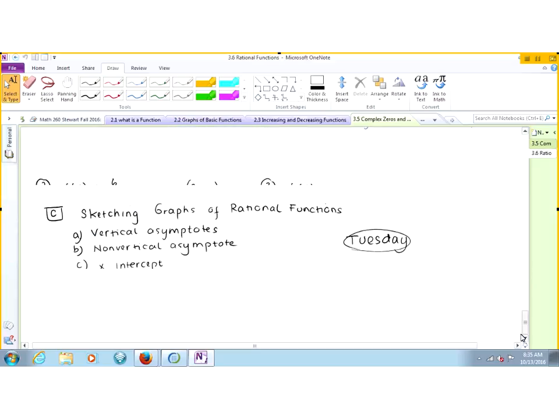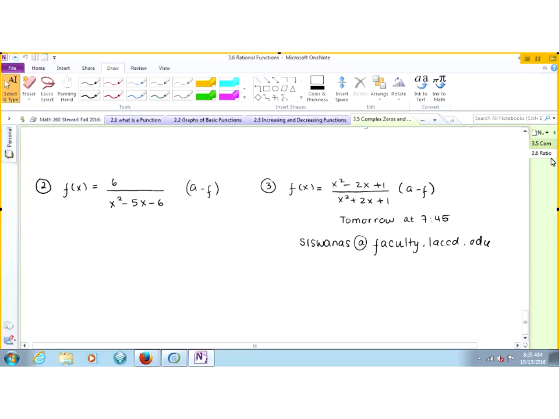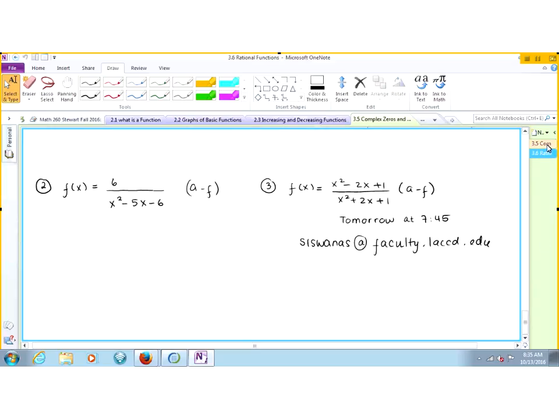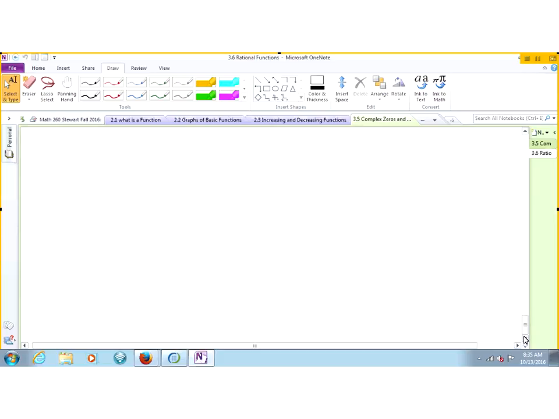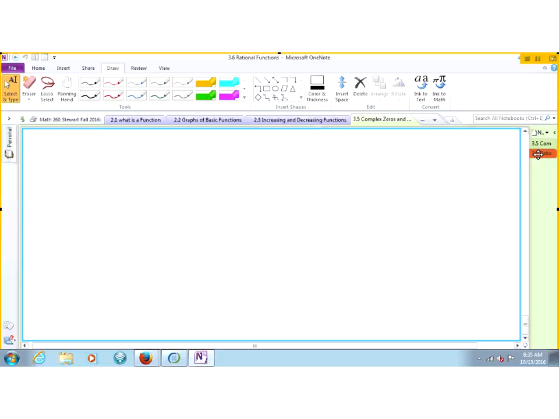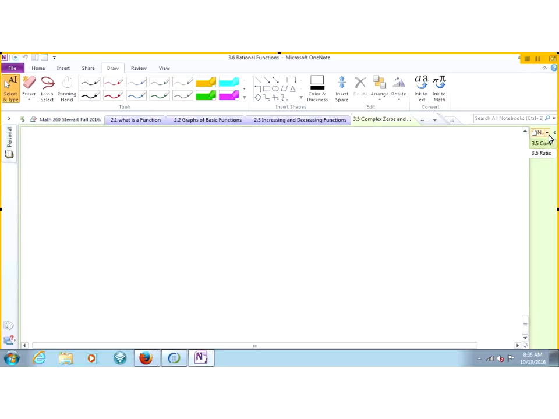Okay, so this is a rational function, right? Oh gosh. Where did the one that I just did today go? I don't know anymore.